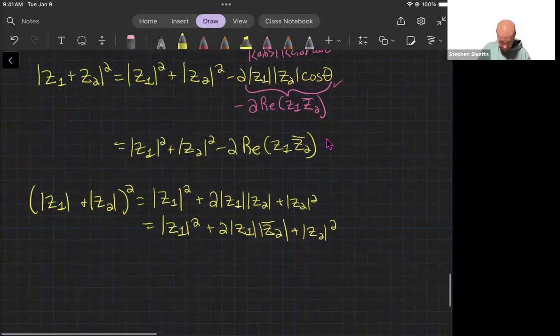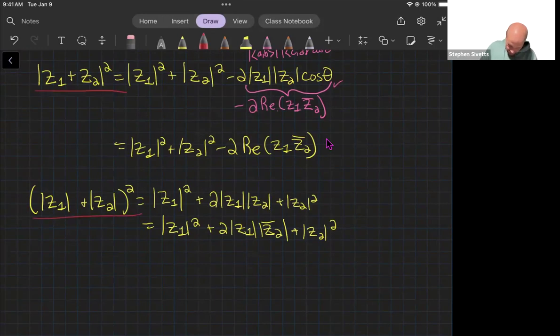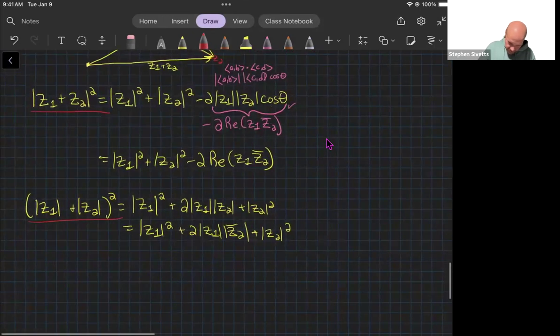So if we look at this quantity in relation to this quantity, there's an important thing to mention.